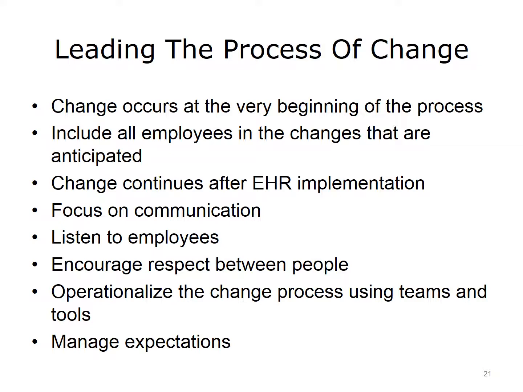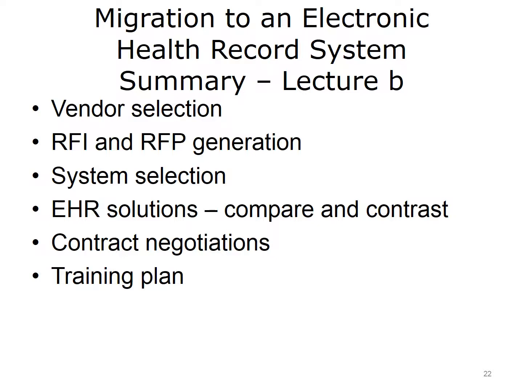Implementing the process of change using clearly defined teams and tools and effectively managing expectations and user perceptions are the keys to achieving a successful EHR implementation. Expectations among personnel may differ, but having common goals and objectives can help to bridge misunderstandings. This concludes Lecture B of Migrating to an Electronic Health Record.